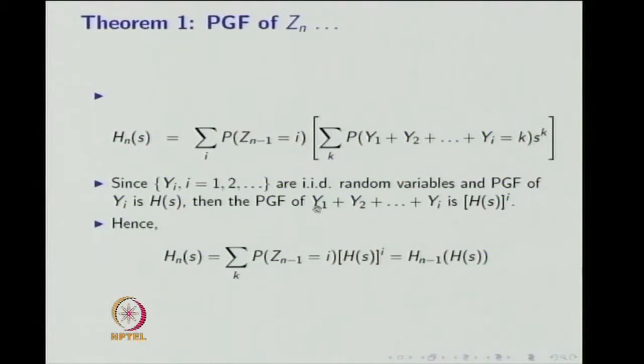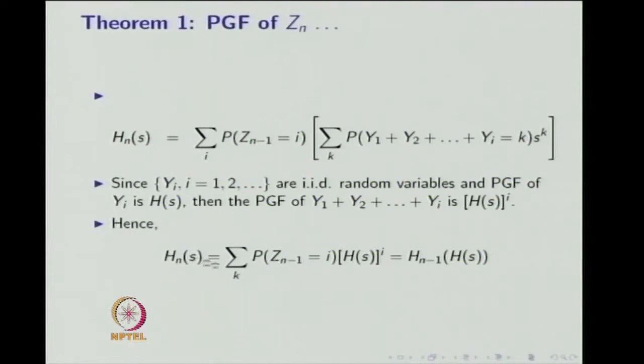Therefore, the probability generating function of Y1 plus Y2 and so on plus Yi is h of s whole power i. Therefore, substitute this; it is nothing but the probability generating function of Y1 plus Y2 plus and so on plus Yi.